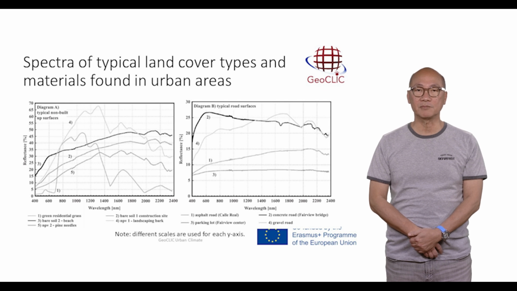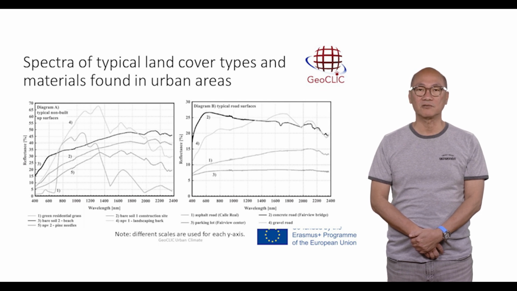To the right is the spectra of typical road surfaces including 1. Asphalt road. 2. Concrete road. 3. Parking lot. And 4. Gravel road. The plot shows the potential for separating these urban classes with hyperspectral data, since they have more distinctive spectral signatures.